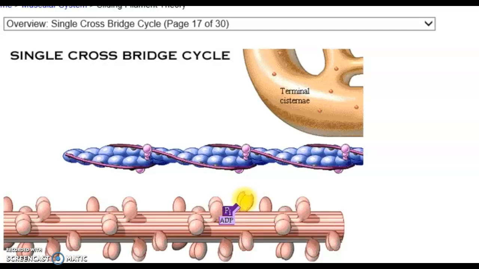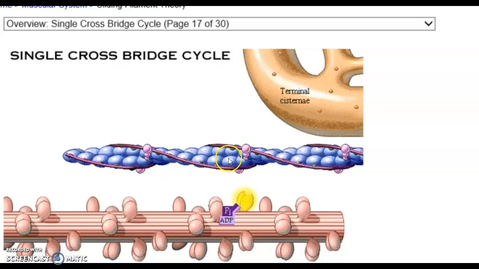Okay, let's look at our components at an even more microscopic level, a subcellular level, where we definitely see the terminal cisternae and the calcium that would be released from there into the actual myofibril area, which has this myofilament.